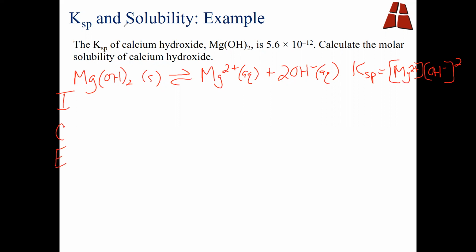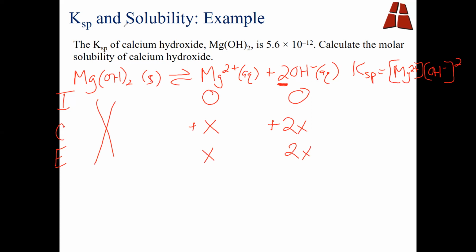So good news, we can use our favorite tool, our favorite chart of any chart we've ever used, the ICE chart, right? And we don't need to include our solid. For our magnesium and our hydroxide, we'll start with a concentration of 0. We'll have plus X, and this is, again after acid-bases, just a reminder, when we dissociate two hydroxides, it'll be plus 2X here because we have a coefficient of 2. So this will be X and 2X, right?